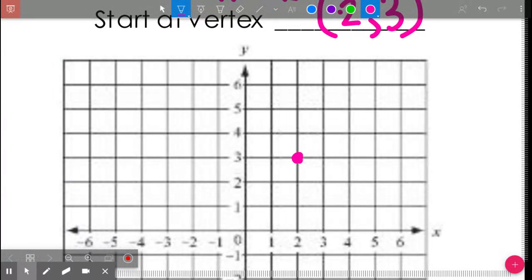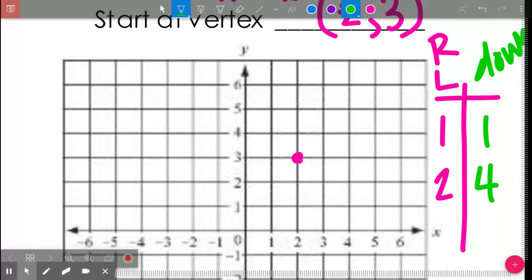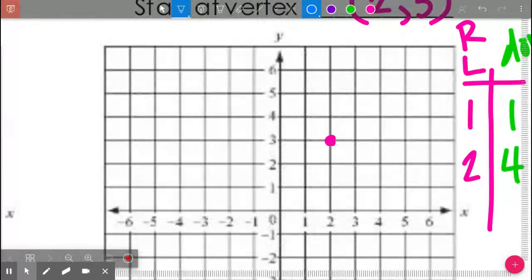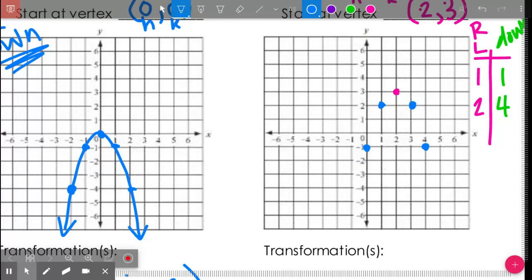So I'm going to use my pattern. If I go left or right, right or left, 1, I am going to go down 1. If I go right or left 2, I am going to go down 4. Okay, so that's how this looks. Like this. This parabola is opening down because it has been reflected in the x-axis.